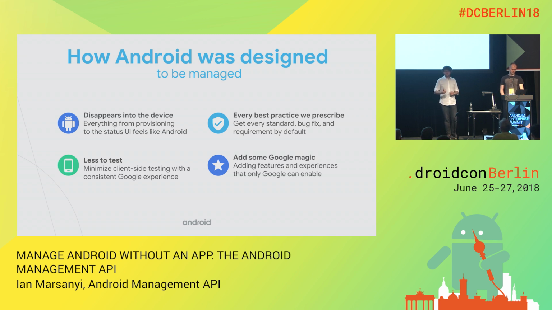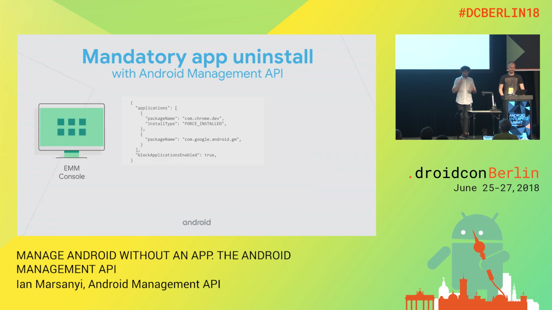And what that enables us to do is just give a little bit more magical, a little bit cleaner experience. But ultimately, all of that's delivered through you as the vendor. It's not through us. We kind of disappear in this equation, and you're managing Android in the way that it's meant to be managed. So Nikita's going to run us through that previous example of mandatory app uninstall, show you how easy it is to change things up.